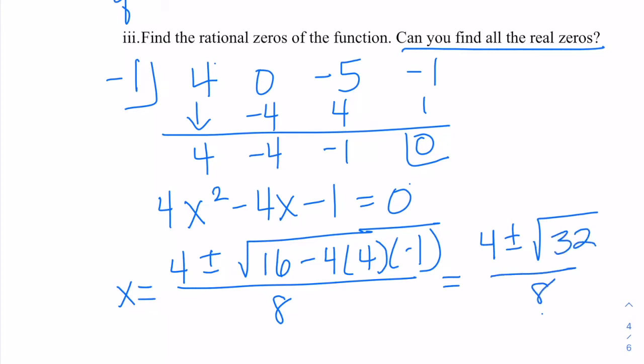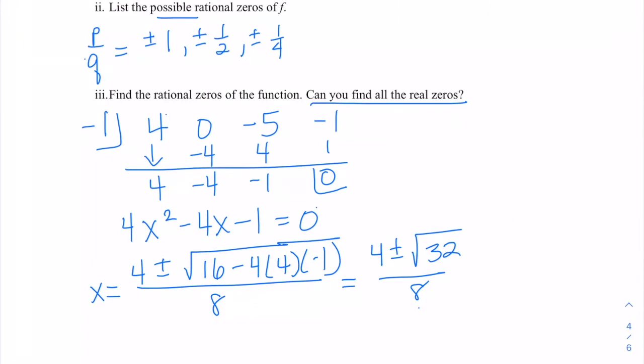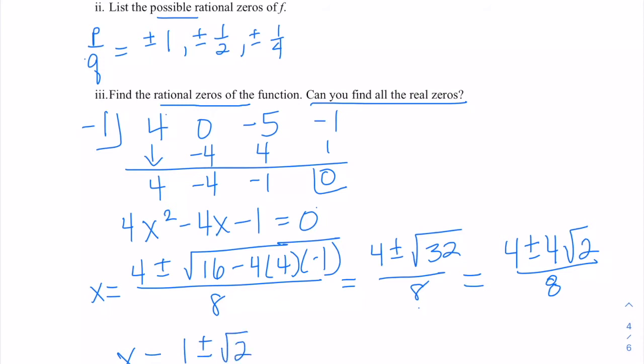And we can simplify that, but you can tell right here that we're going to have a root 2, so this will not be a rational zero. So I'm just going to simplify it, but using the quadratic formula, we can always find all those zeros. So that's going to be 1 plus or minus root 2 over 2.